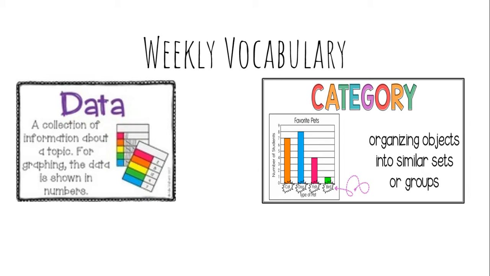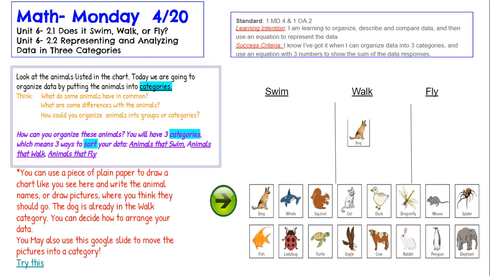Now that we've gone over our vocabulary, let's look at our learning intention and success criteria. Your learning intention for math is I am learning to organize, describe, and compare data, and then use an equation to represent the data. Now, remember, our success criteria tells us exactly what we need to do in order to check that we've got that learning target.